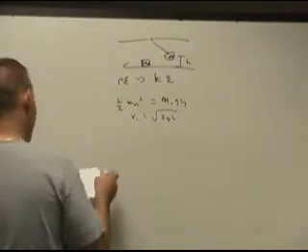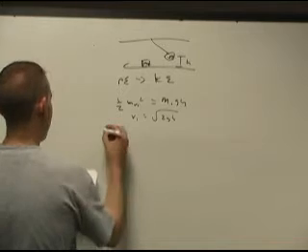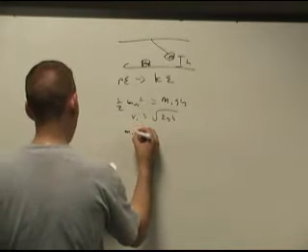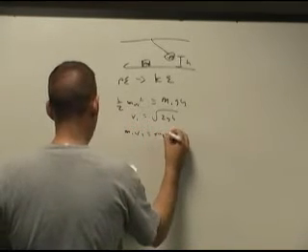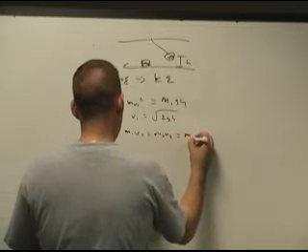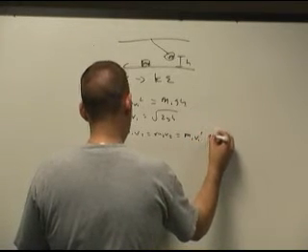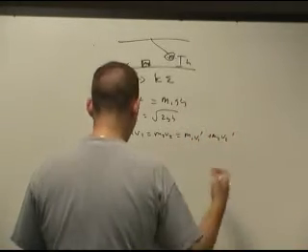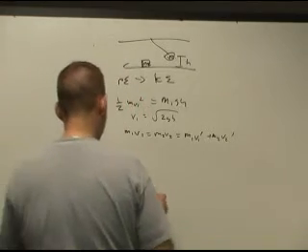So for totally elastic, you're also going to have conservation of momentum. So m1v1 plus m2v2 is equal to m1v1 prime plus m2v2 prime. We've already solved this from earlier, knowing our different formulas.